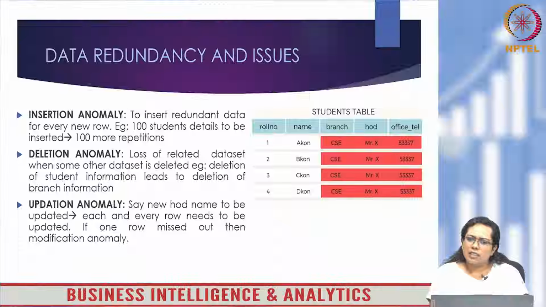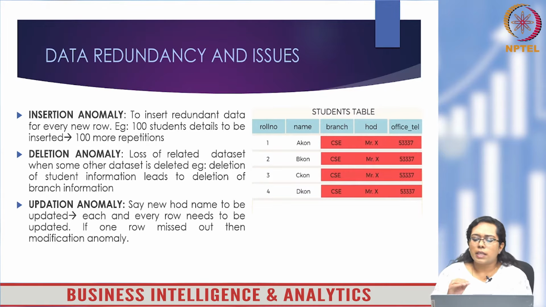So, is it really necessary to mention their branch along with their names? If there are 4 students, it's not a big matter, but if there are lakhs and lakhs of students, then mentioning this computer science for each and every student is not a very logical thing to do, because it is going to take a huge chunk of storage.